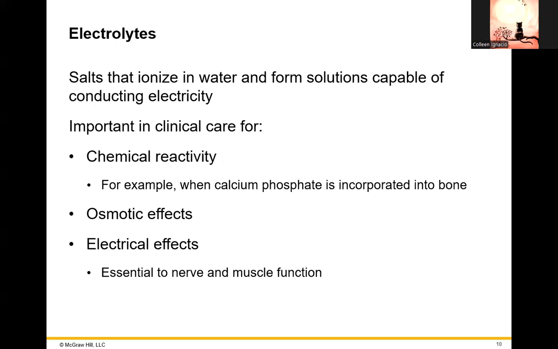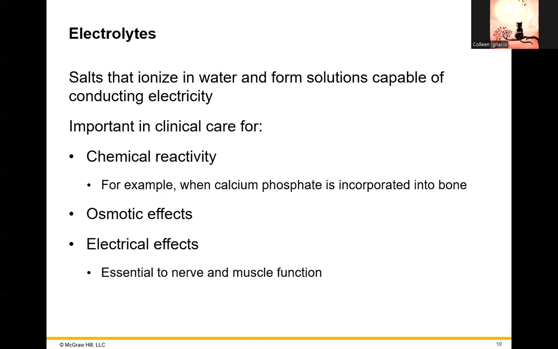Now, electrolytes are salts that break down in water and help to conduct electricity. This is important because electrolytes help with chemical reactions that take place in the body.